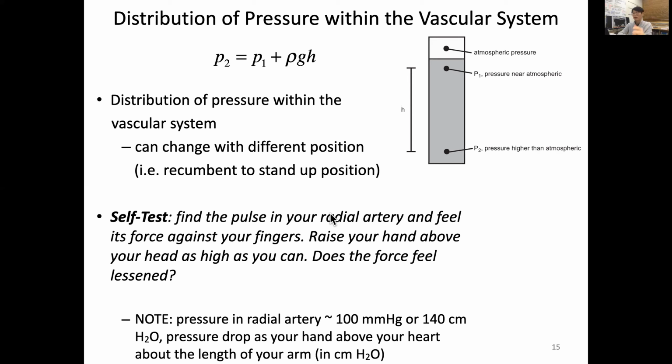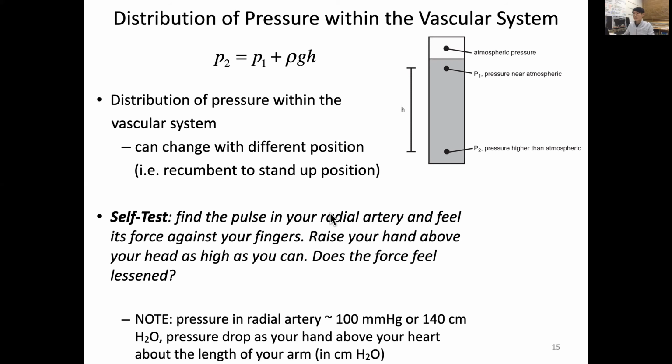Feel this pulse, then raise your hand very high, like a meter high, feel the pulse, and then come back down. If you're sensitive enough, you may feel that the pulse is different. When you raise it, it's lessened.